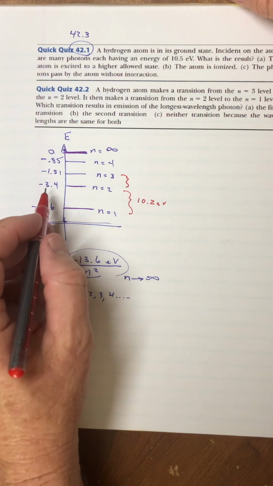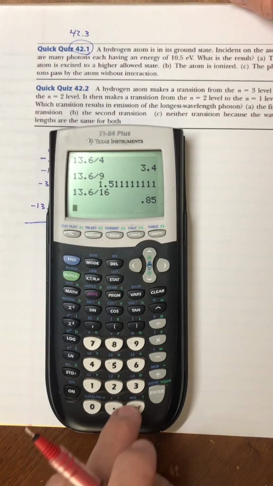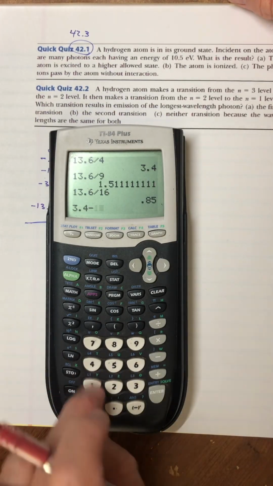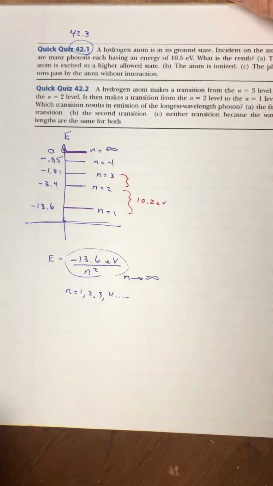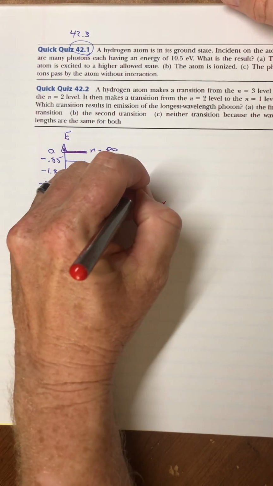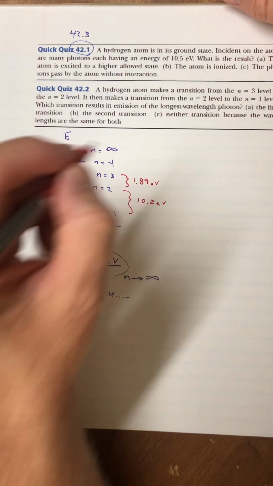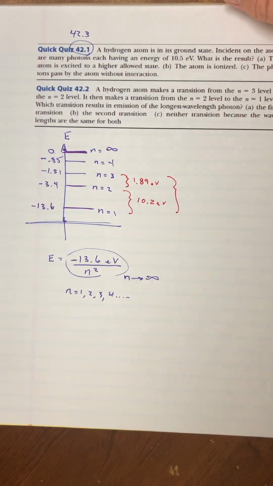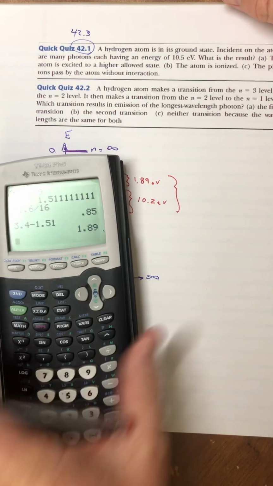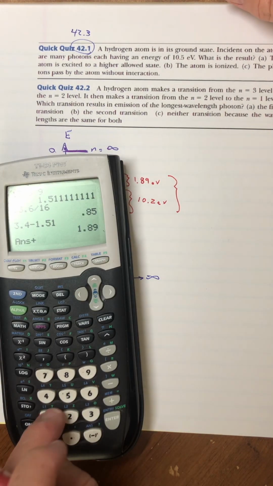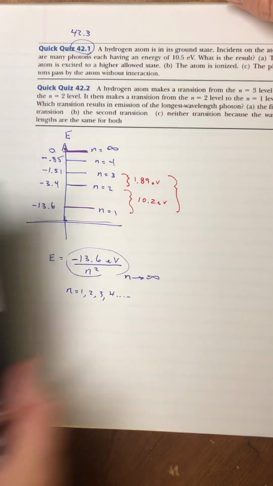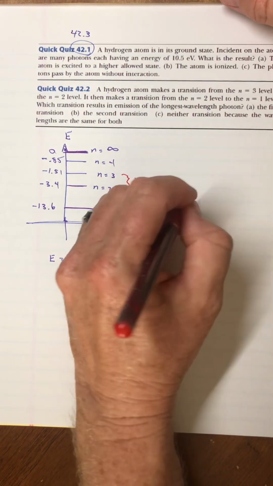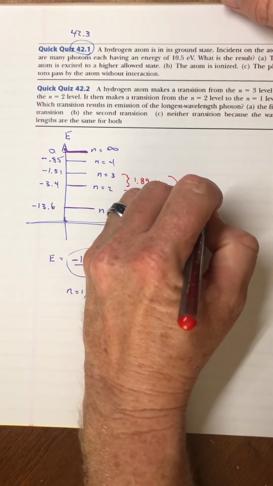And then 3.4 minus 1.51 is 1.89 electron volts. Or this whole thing here is then adding to the 10.2. Let me pause here for a moment.